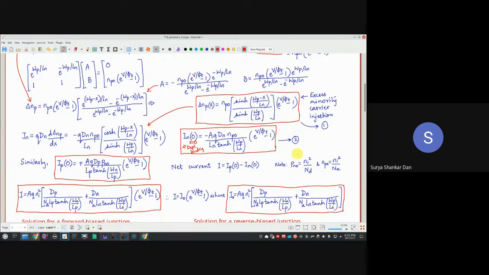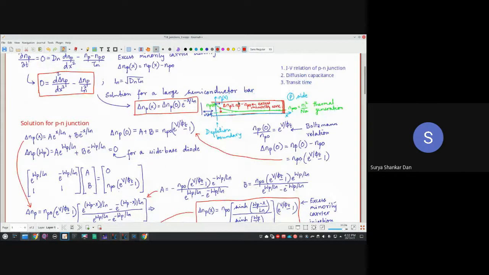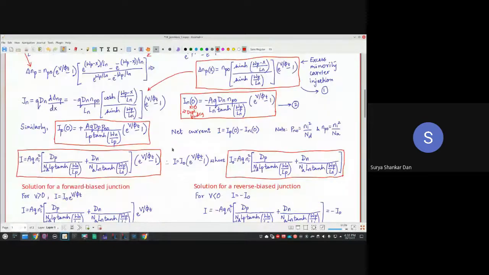Now, all this has been done on the P side. Similarly, on the N side, on the left hand side, all we have to do is change two things. All the subscripts will change.